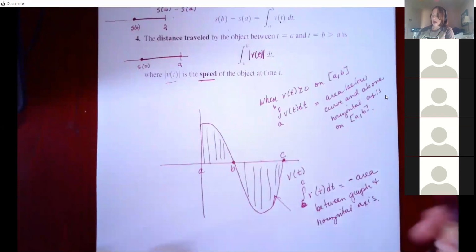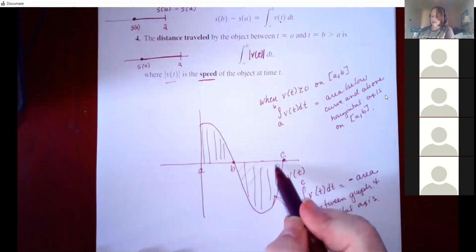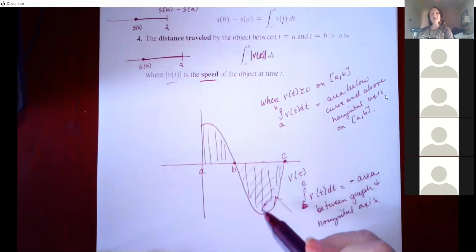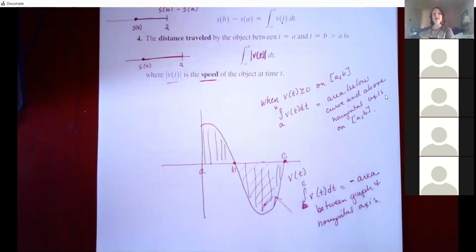Okay, so if I asked you what the area of this region is, we just take the integral and take its negative, or in turn, we would take the integral of the negative of the function.